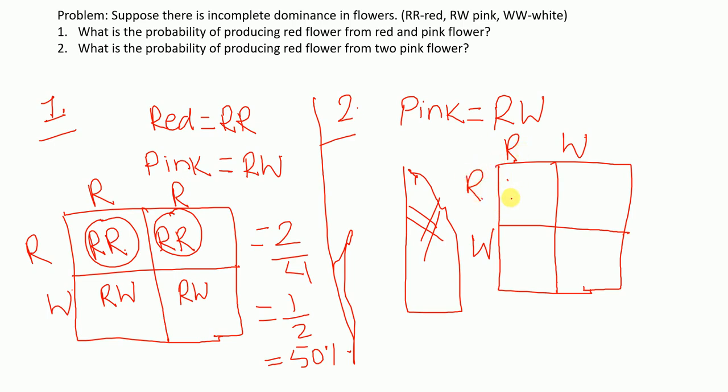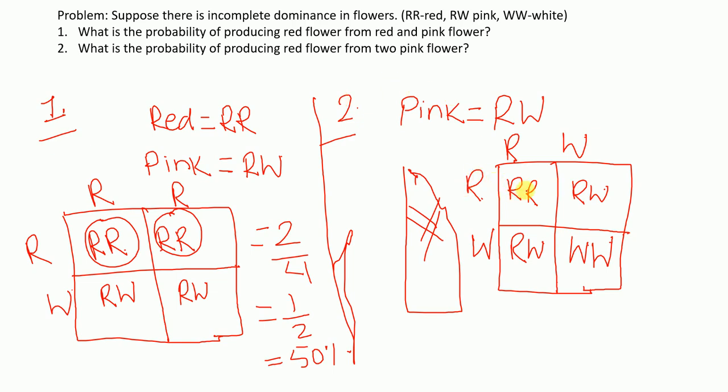R times R, here it will be RR. R times W, here it will be RW. W times R, here it will be RW, and W times W, here it will be WW. So what is the question? The question is, what is the probability of producing red flower from 2 pink flowers?